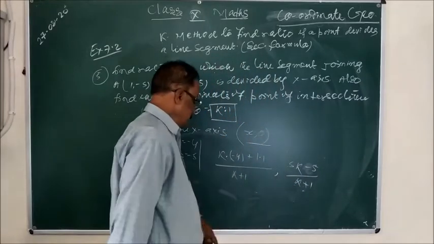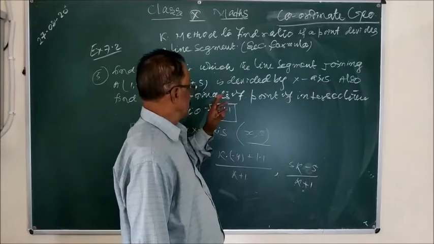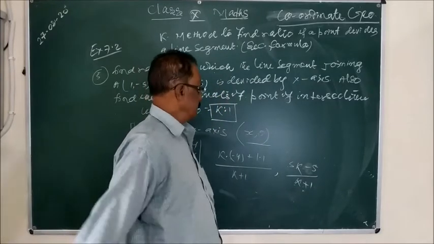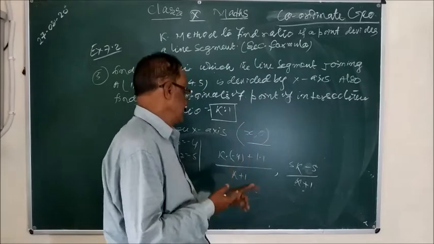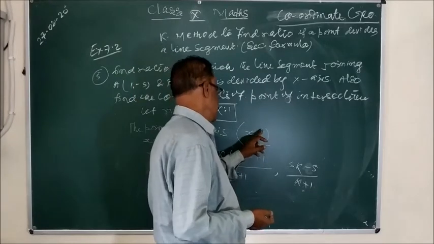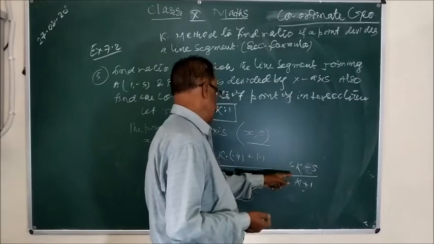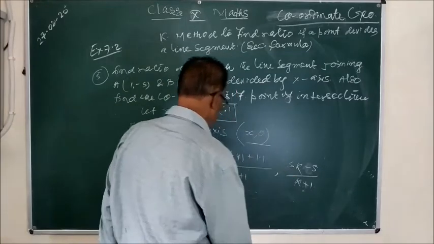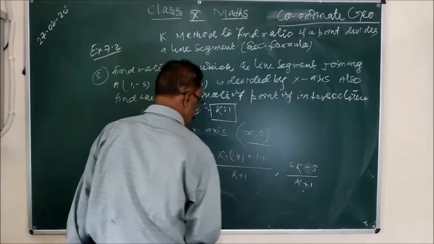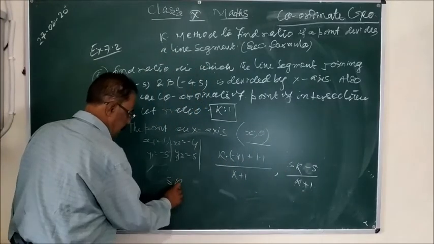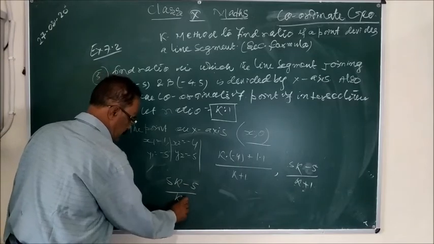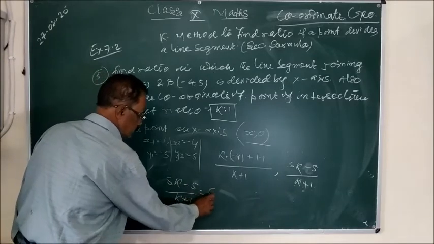Now you see, since this line segment is divided by the x-axis, the point on the x-axis will have ordinate 0. So this is equal to 0. So take this: 5k minus 5 upon k plus 1 is equal to 0.